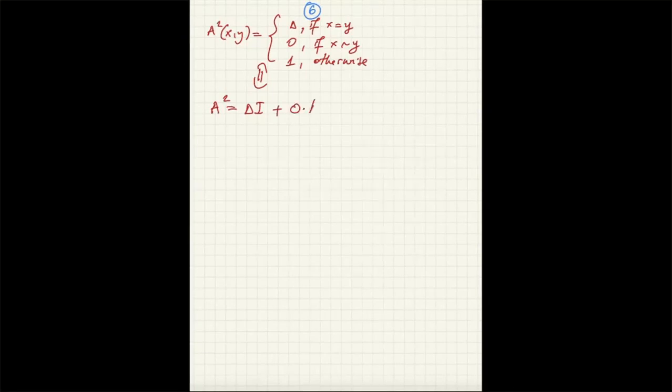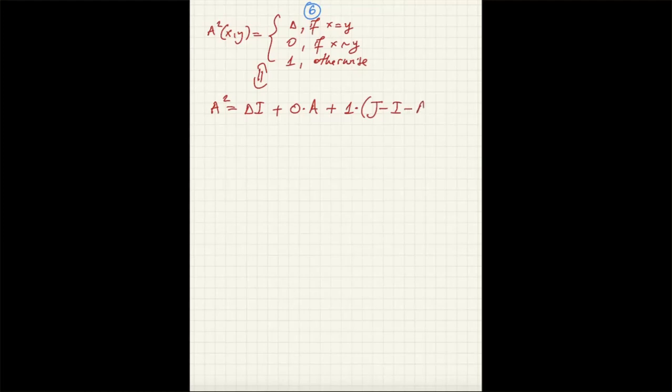So that's 0 times A, plus 1 times the entries corresponding to the complement of the graph, the positions x, y where x is not equal to y and x is not adjacent to y. And the matrix that takes care of these entries is the matrix of the complement of the graph, and it's the all-ones matrix minus the identity. So this kills off the 0 on the diagonal and it leaves 1 everywhere else.